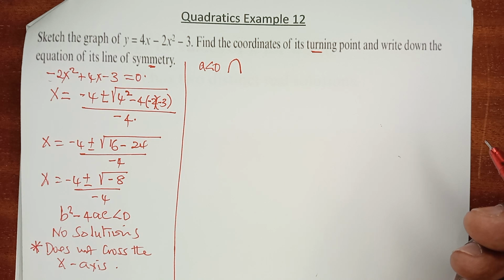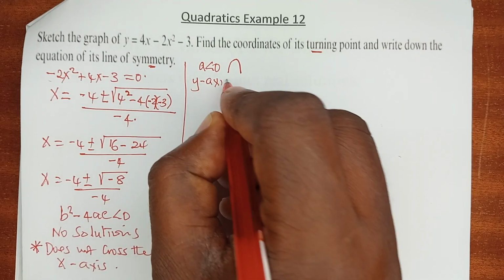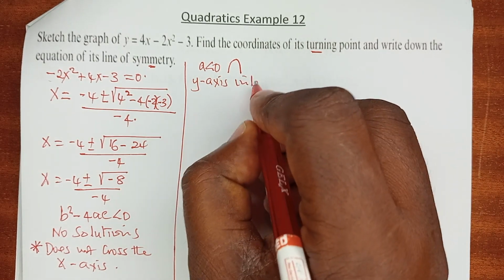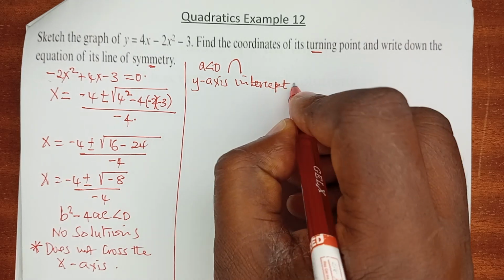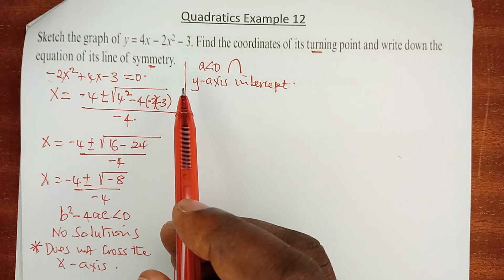At the same time, we need to get the y-axis intercept, that is where the graph cuts the y-axis. It does so when x itself equals 0.